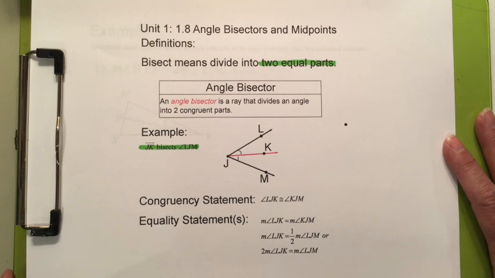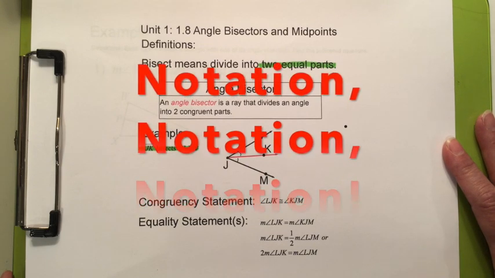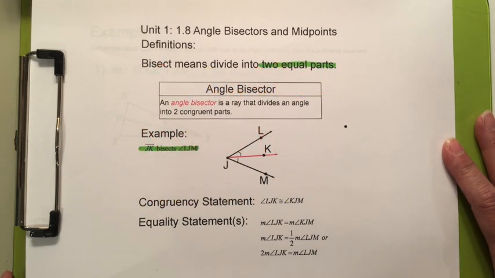And this is where you have to be really careful with your notation. If you remember from the first few lessons in Unit 1, we talked about congruent and equal. When we're talking about equal, we're talking about the actual measurement or the length of something, or the value of something in degrees if it's an angle.